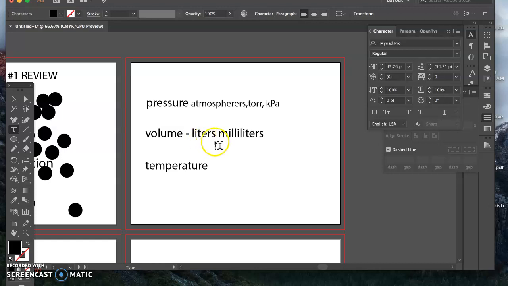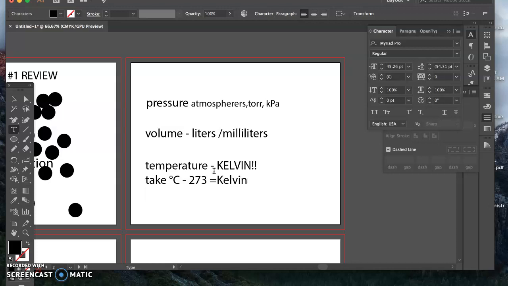1,000 milliliters would be 1 liter. And temperature, remember, is measured in Kelvin. And to find the temperature in Kelvin, you take your temperature in degrees C, and then you add 273, and that'll equal your temperature in Kelvin.